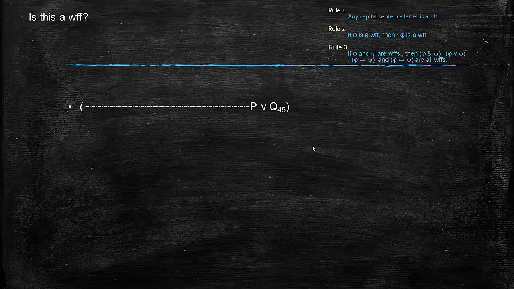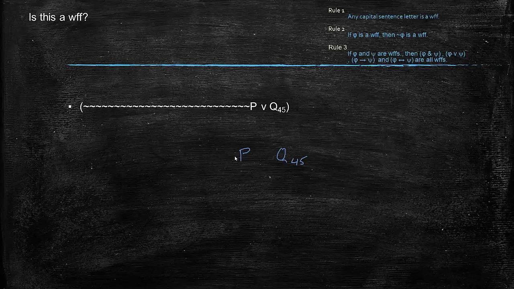Is that a woof? That is truly bizarre looking. But look, P is a woof. Q45 is a woof, because 45 is just a subscript. We didn't put any limit on the size of the subscript you could write.